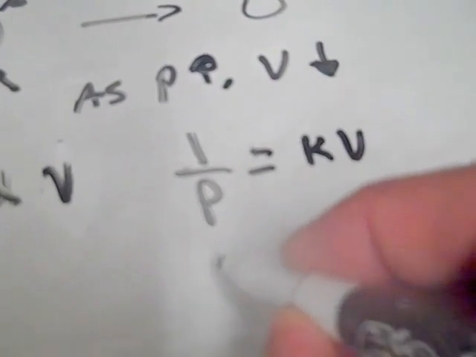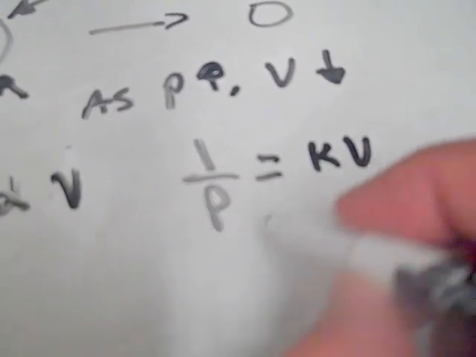Conversely, if P is small, then the volume will be greater. If we want to write this in terms of a constant, that would be the same thing as P equals K over V, where K is a constant value, so we can replace the proportionality with an equal sign.